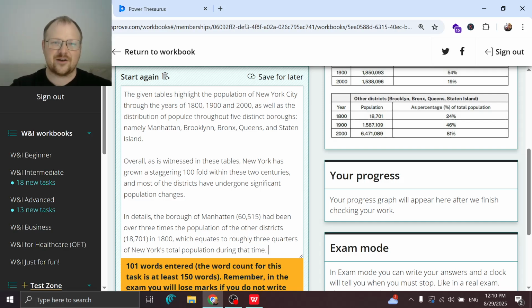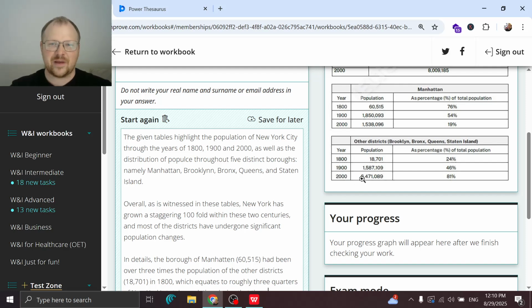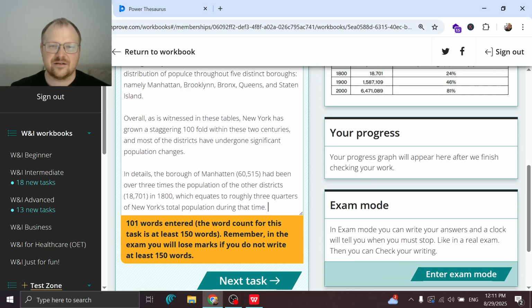And we're focusing on Manhattan here. So I'm not going to make much comparison just yet. I'm going to now show how it went from 60,000 to 1.8 million. Then we see a decline. And here we can see the 76%.